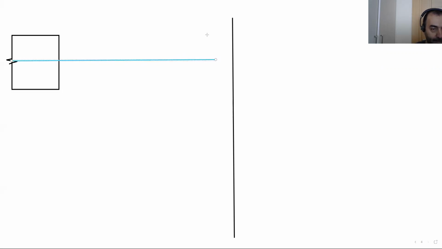We have a structural member, and the neutral axis here goes like this.